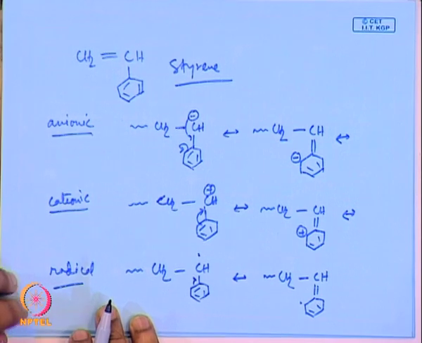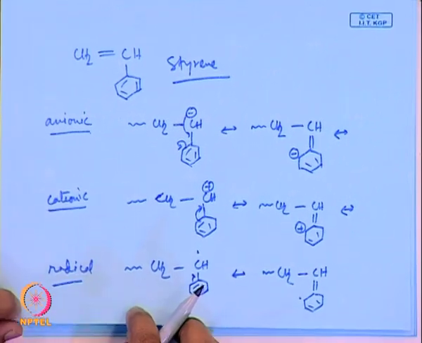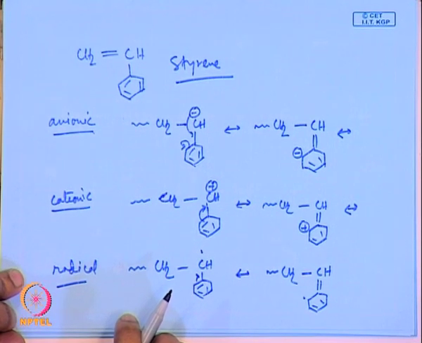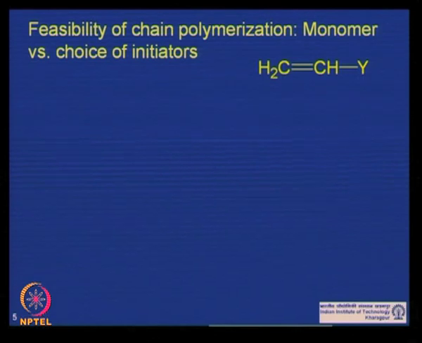So, these are the examples of how the structure of the monomer will determine whether it can undergo chain polymerization by anionic initiator, cationic initiator or radical initiator. And we have seen the examples of several monomers, and let us see the table and summarize whatever we have just learned in the last 5-10 minutes.